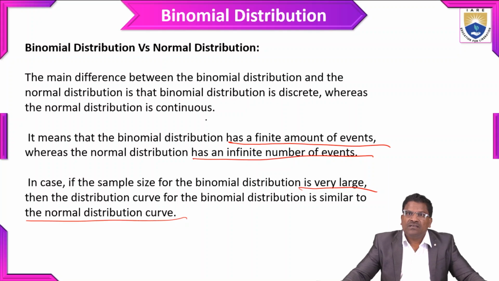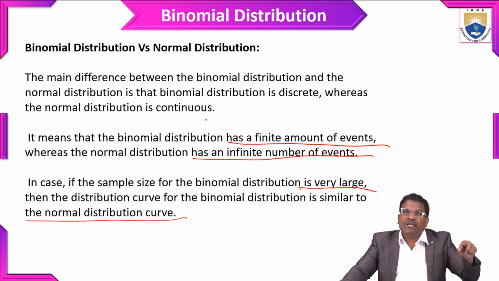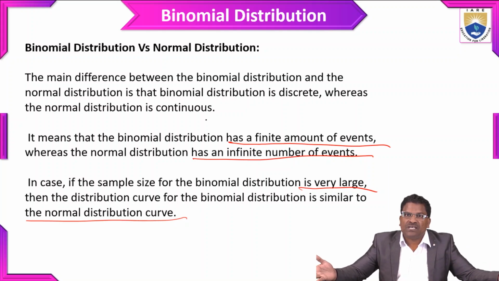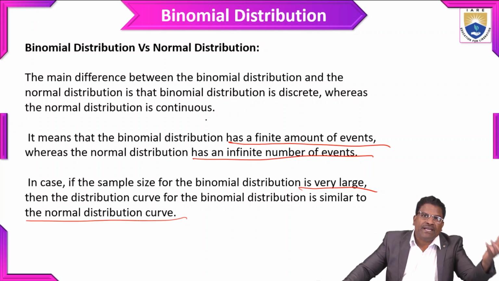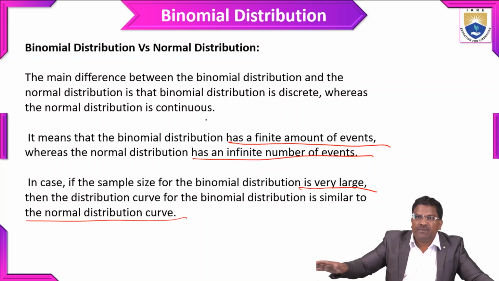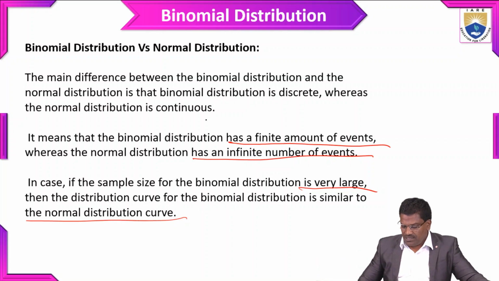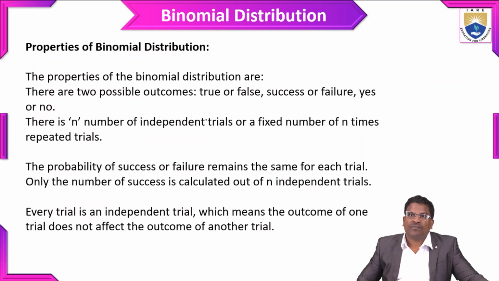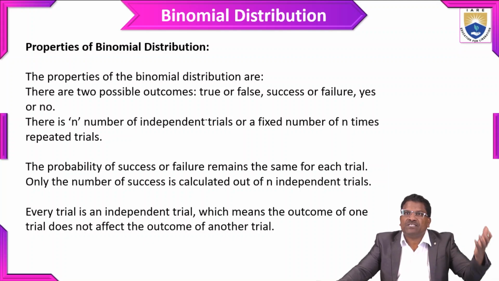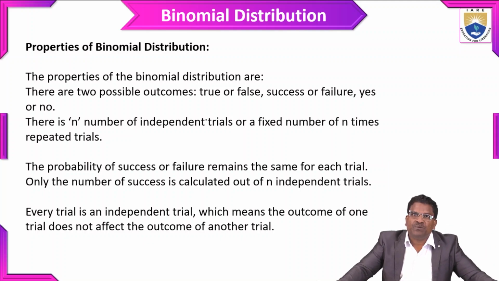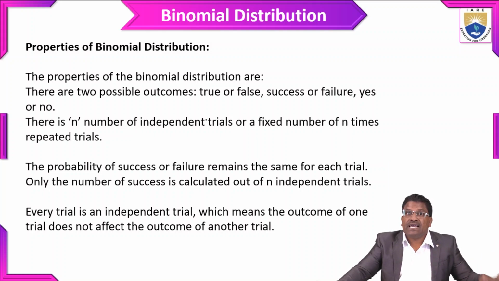That's why, if the binomial distribution is very large, then the distribution curve for the binomial distribution is similar to the normal distribution curve. So, once again, let us see the properties of binomial distribution. There are two possible outcomes, true or false, success or failure, yes or no.